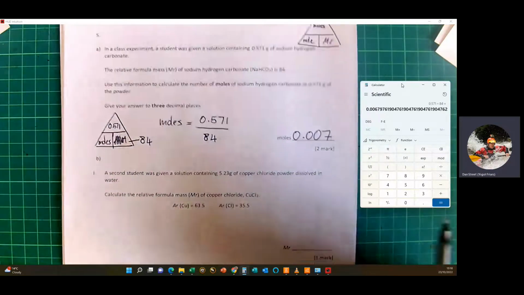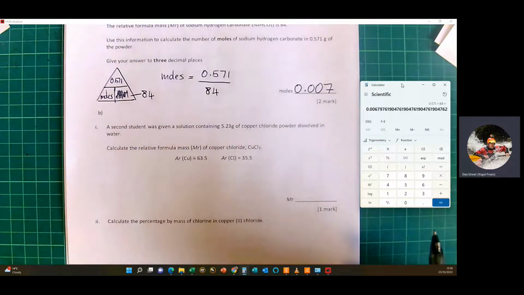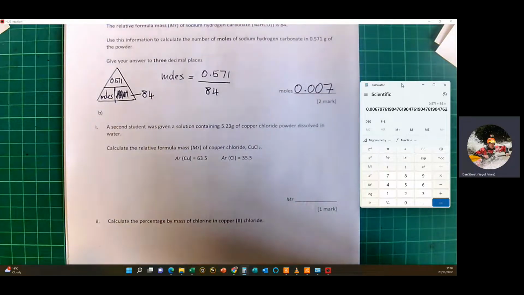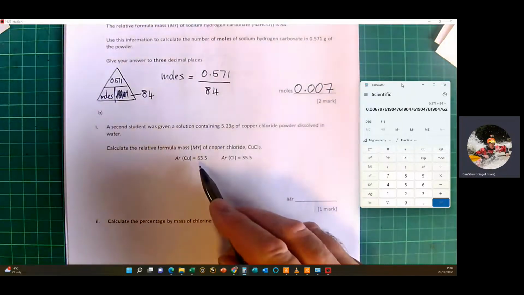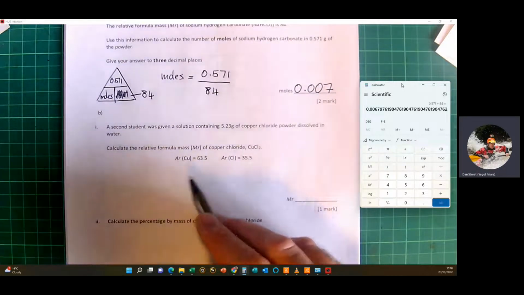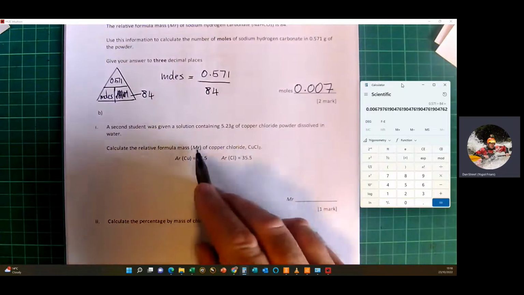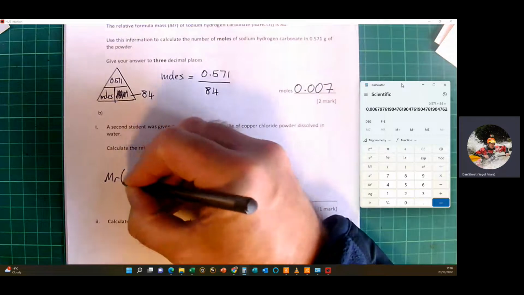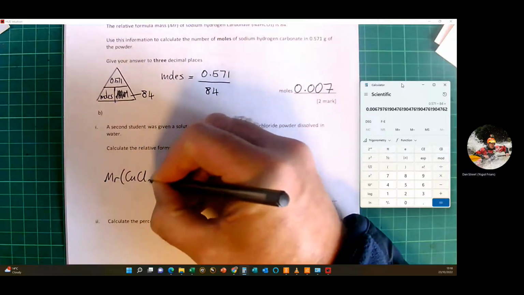And then the final question, you could do this one of 2 ways. So the straightforward way of doing it is to use the masses given to you in the question. Actually no, you can't do it one of 2 ways. There's one way of doing it. We're calculating the relative formula mass of copper chloride. So the Mr of copper chloride.